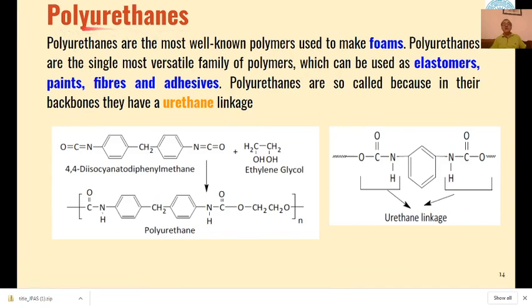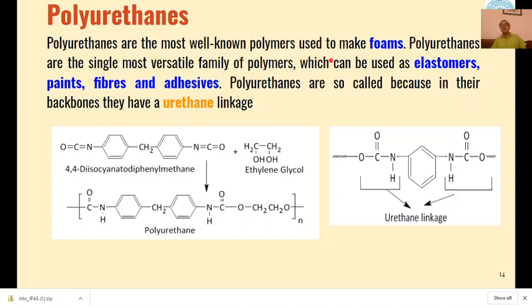Then next is polyurethanes. Polyurethanes are also very well-known polymers, and the foams formed by these types of polymers are used in refrigerators.